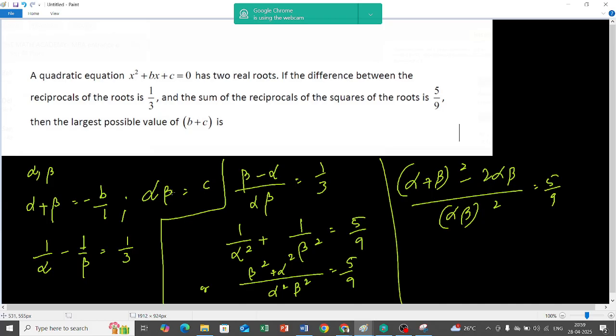What is alpha plus beta? Minus b. Alpha into beta is c.